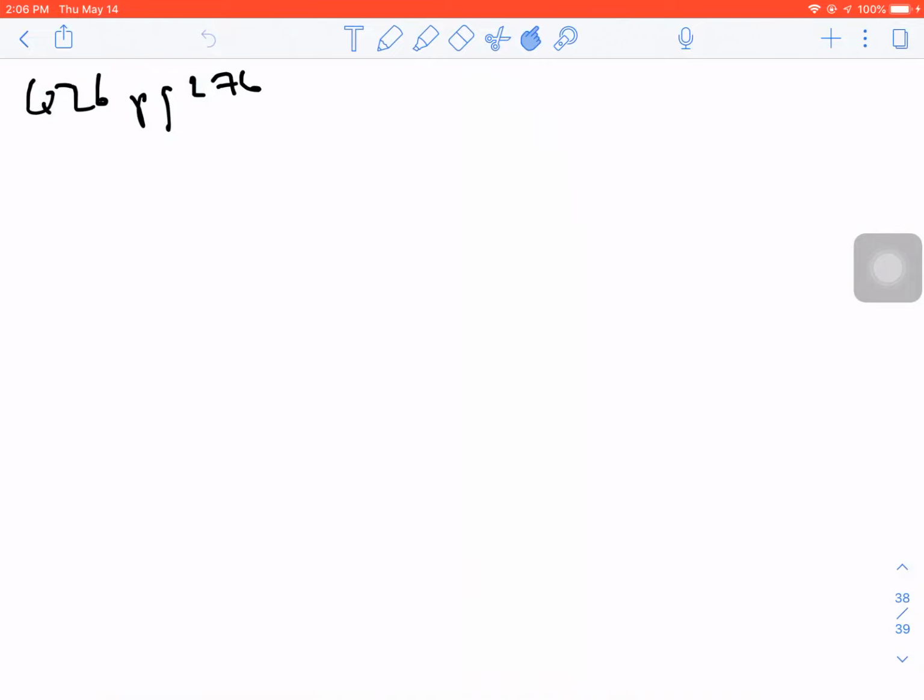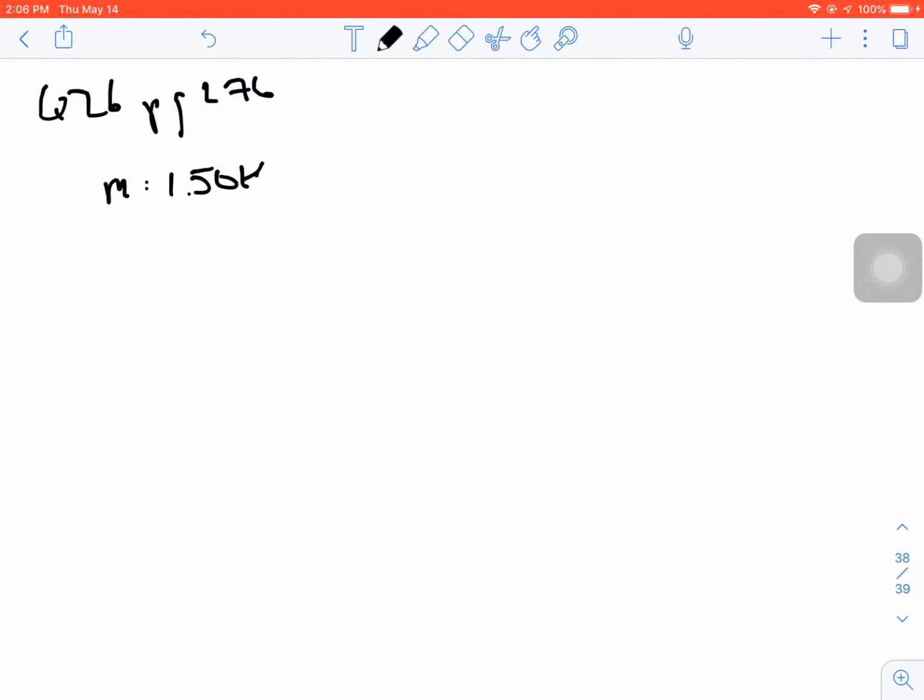What is T1? Okay, so we're told a number of things. We're told the mass, 1.50 kilograms.